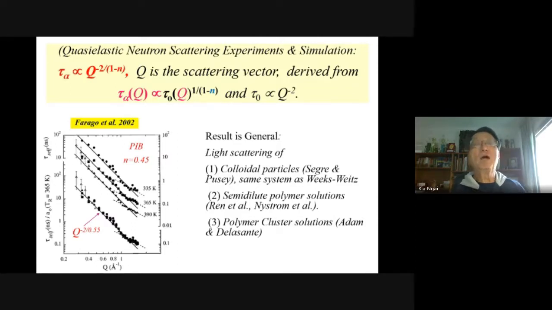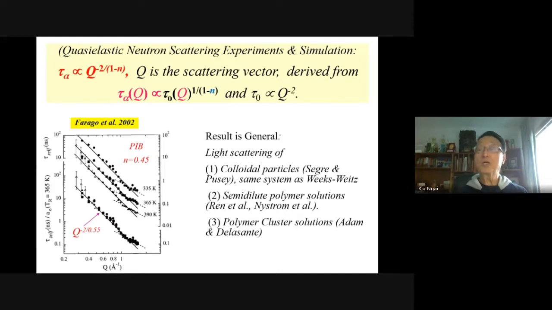So this is a good example to tell you that with a simple measurement, a neutron scattering experiment, you can monitor the Q dependence. It shows everything as we would expect it. Now this result is general. It's seen by light scattering. The left side is neutron scattering. You can do colloidal particles by Segre and Pusey. You can do semi-dilute polymer solution, as I showed before, Ren et al.